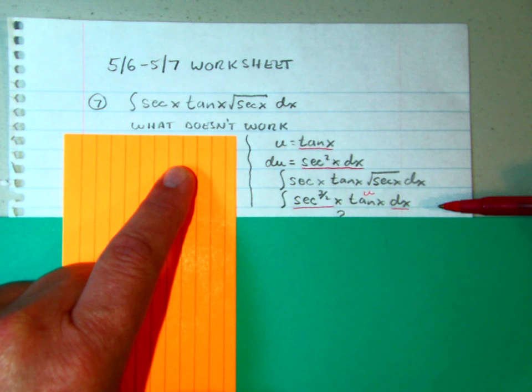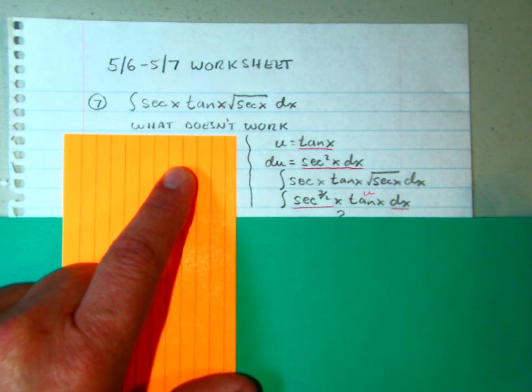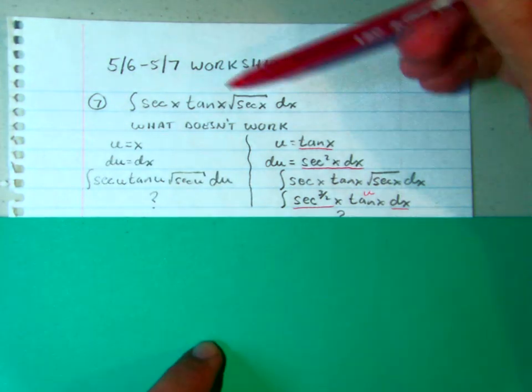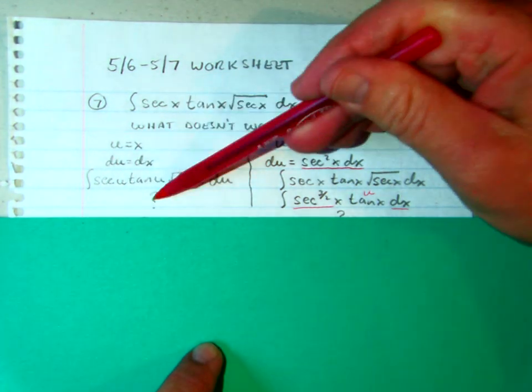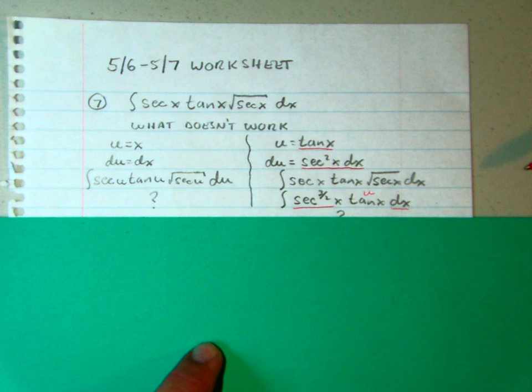And it turns out that even with those advanced techniques, that substitution is not going to work. It's simply not going to happen. So we know that letting u be x isn't going to work, and letting u be tangent isn't going to work. So the only reasonable option left is the other trig function here, secant. Let's see if we let u be secant.